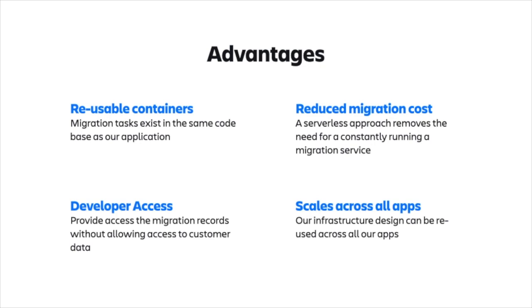But by leveraging that container and using a different entry point, we can then run a different process in that same container and utilize all the libraries and data access layer that we have in our Connect server. With a serverless approach, we don't have a migration service constantly running, hence reducing our costs.